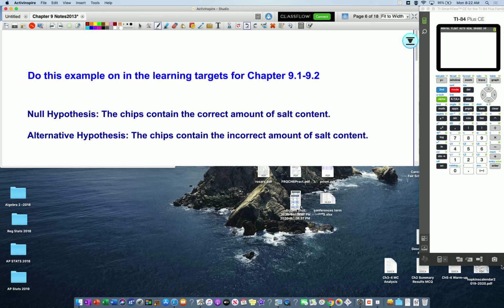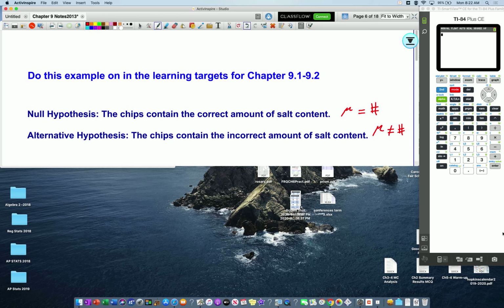So this one is going to be a mean equal to some number, and this will be a not equal to, because if it doesn't have enough salt, the chips won't have a good flavor. If it has too much salt, it's going to be inedible. It'll almost cause you to gag.